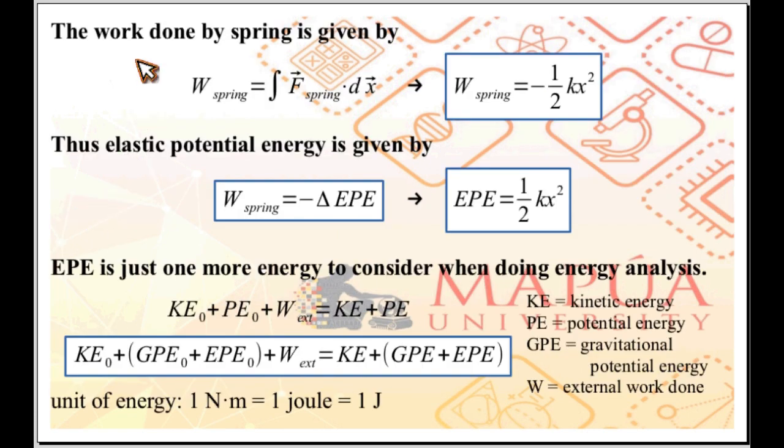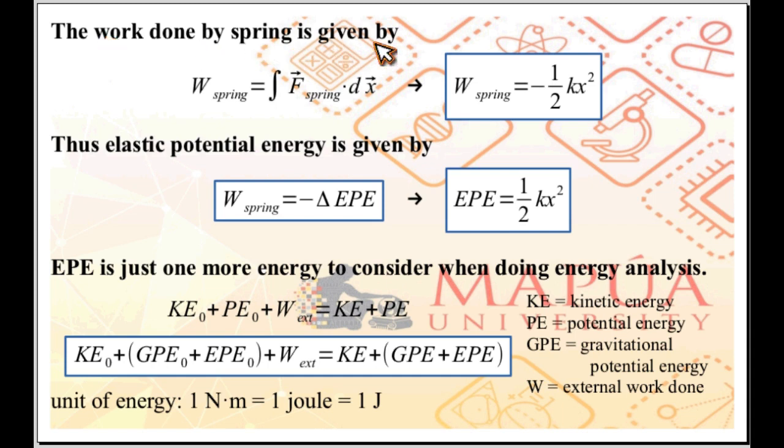Suppose we stretch the spring from equilibrium position x equal to 0 to a final position x. As the spring is being stretched from 0 to x, the spring is performing work.